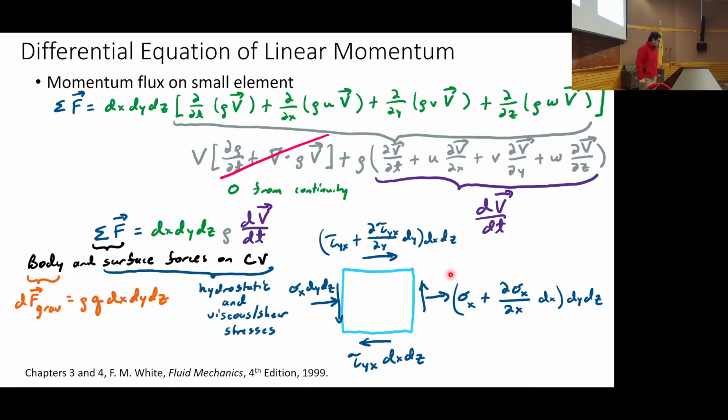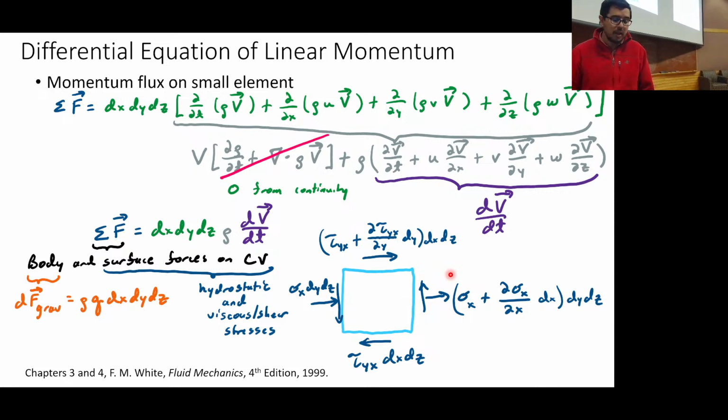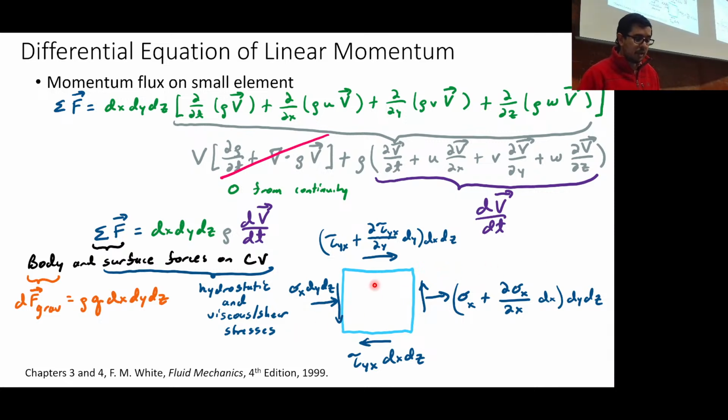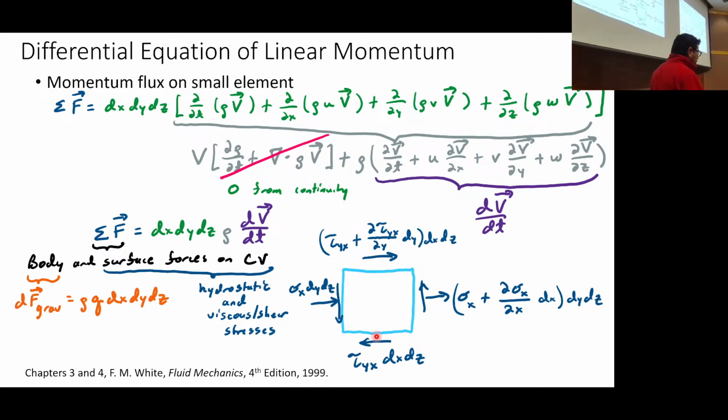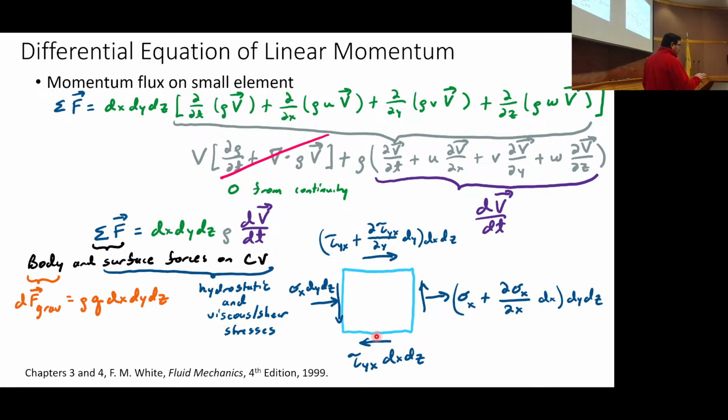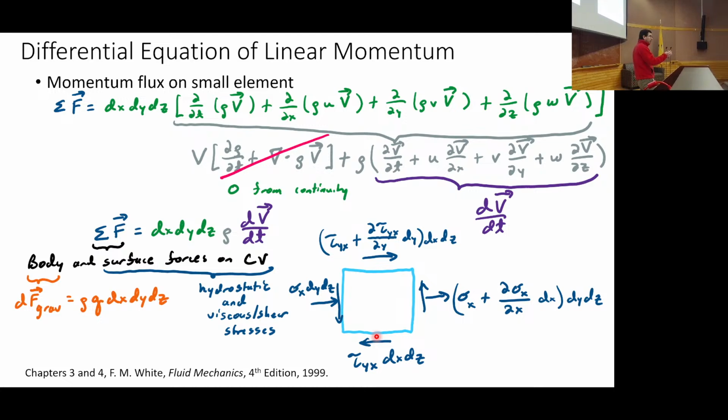Now, momentum, we can also think of as being the stresses acting on these surfaces and then having to balance out in terms of the forces that they create. So stress is acting on surface areas, and then balancing them out.